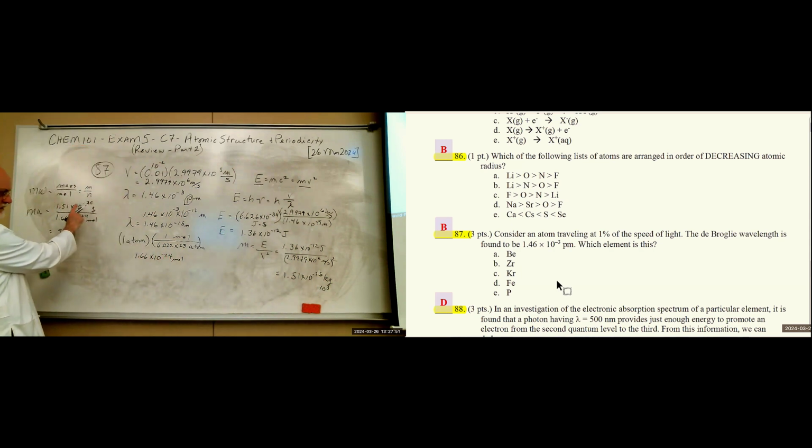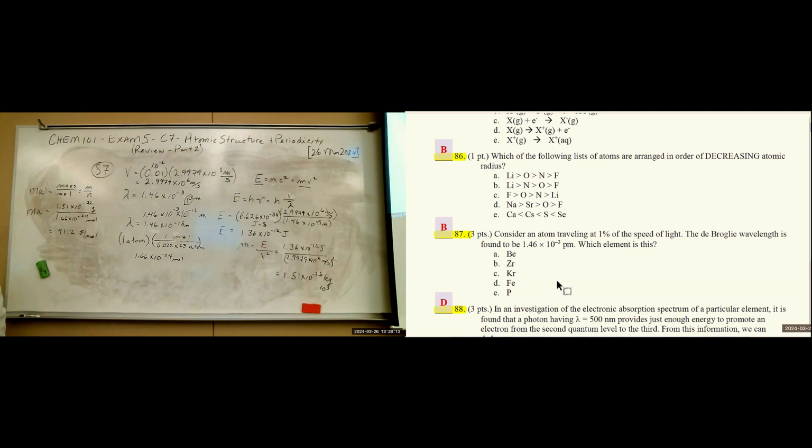And this should be, that's kilograms. So 3 would be 22, right? There we go. So this one's going to get smaller by 2 units. So this would be 91.2 grams per mole.